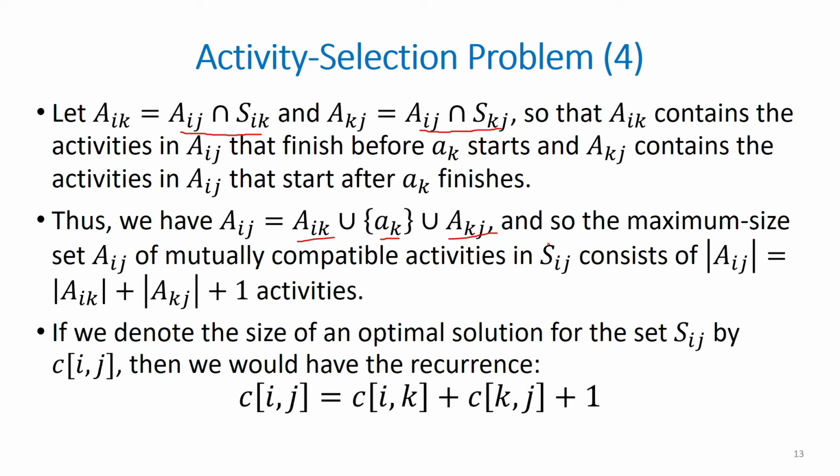So the cardinality or size of set A_ij can be defined as the sum of the sizes of the subsets A_ik, A_kj, and A_k, which is 1. Therefore, the optimal solution for the set S_ij, which is the maximum size of the set, is stored in C_ij and is given as shown over here.